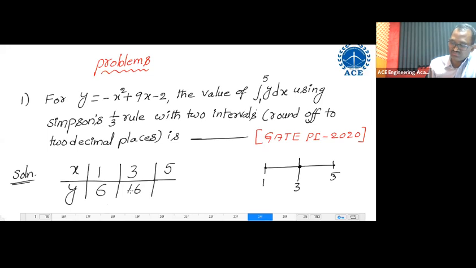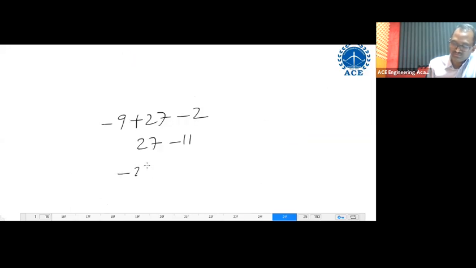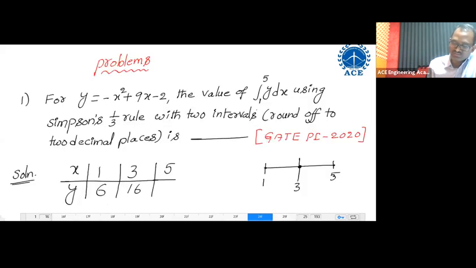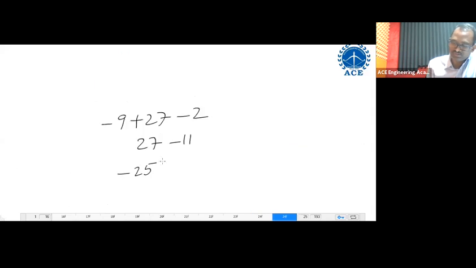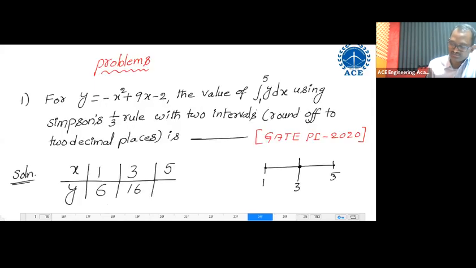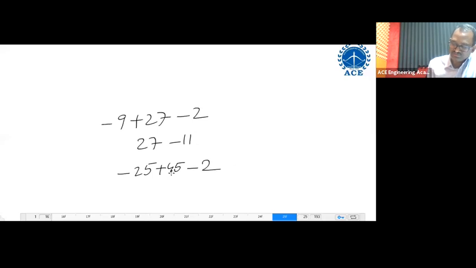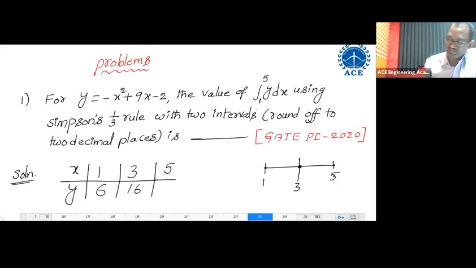Take x equal to 5: minus 25 plus 45 minus 2. That is 20, 20 minus 2, 18.